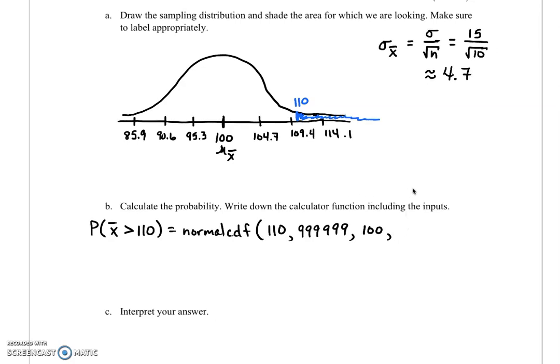And we put the standard deviation. Now, when we did our graph here, we rounded our standard deviation. We don't want to do that when we actually do the calculation because that results in rounding errors. So we can type 15 divided by the square root of 10 directly into the normal CDF where standard deviation goes, and it will be fine.